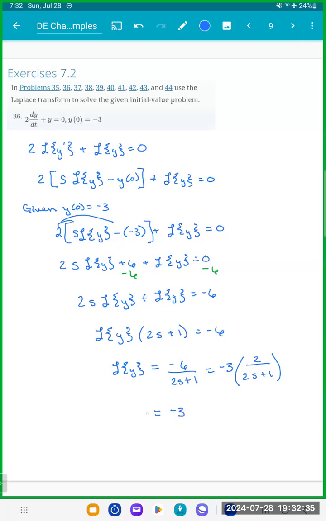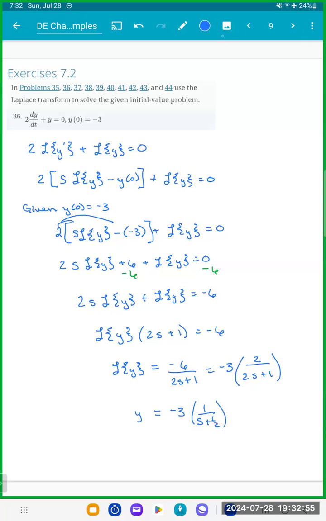So our y equals negative 3 times 1 over s, that gives me s, and then plus 1/2 over here, if we're just breaking out the 2.